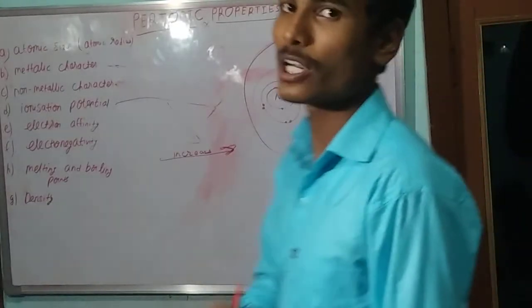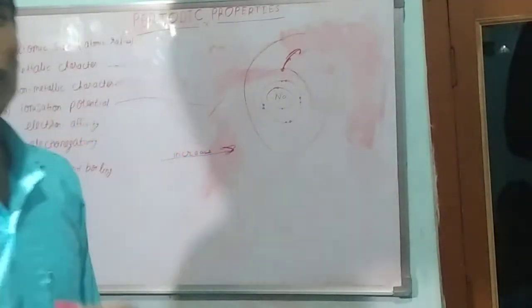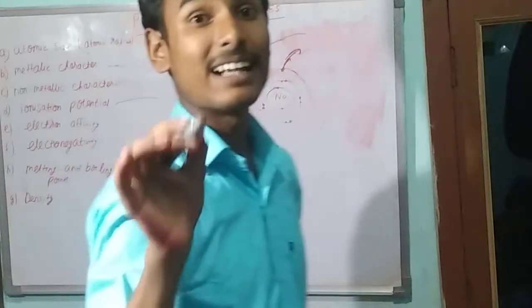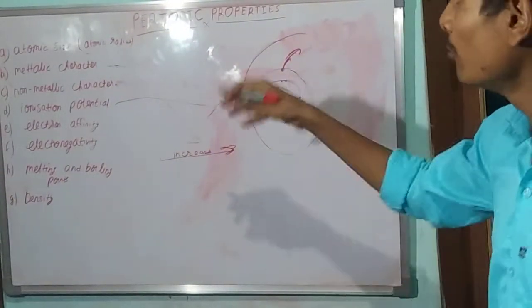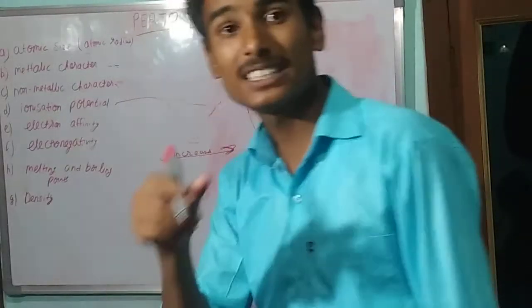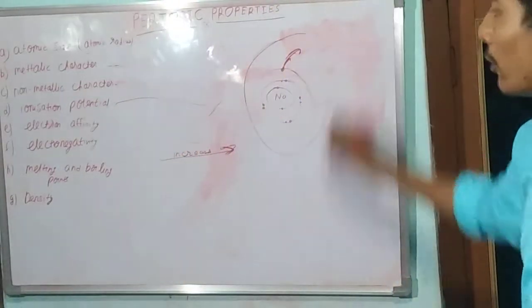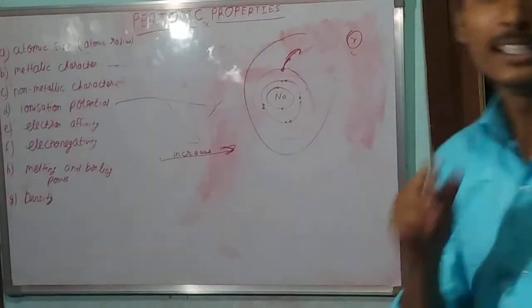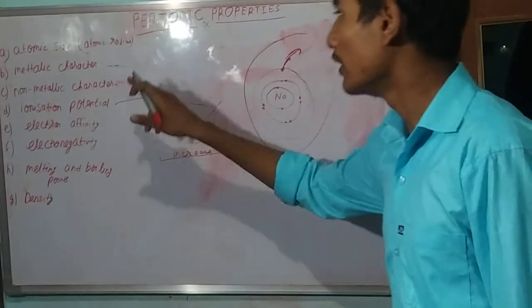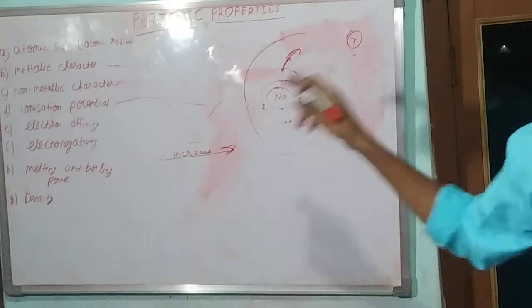Group 1 contains only 1 electron in the outermost shell, but group 17 has 7 electrons. So the energy required to remove an electron from group 1 is less, but from group 17 is more. That's why we say ionization potential across the period increases.